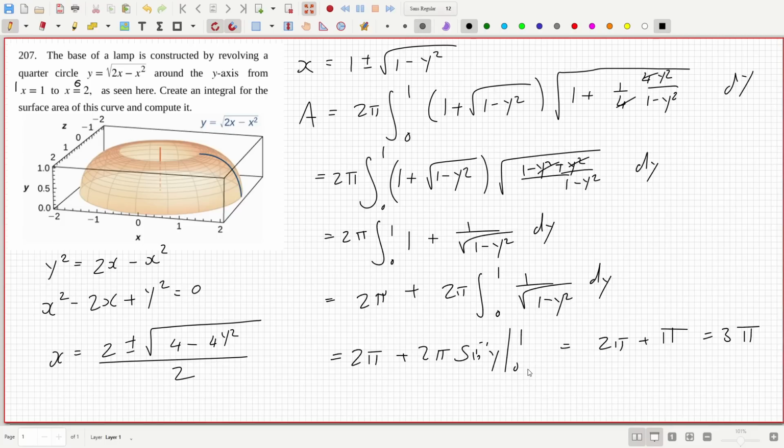Sine inverse 1 is, yeah, it's pi over 2. Pi over 2 times 2 pi is pi.